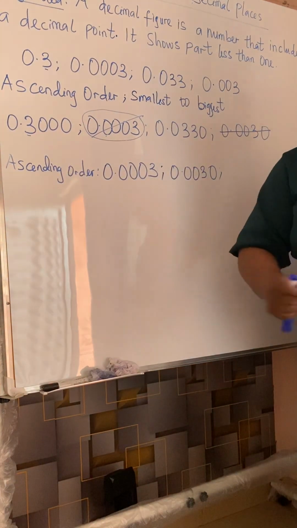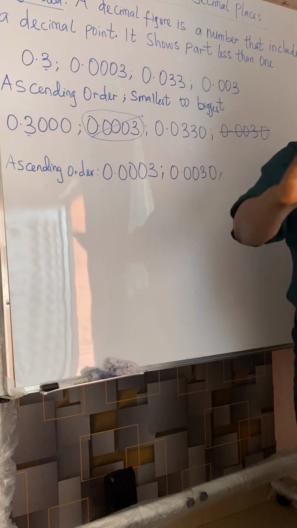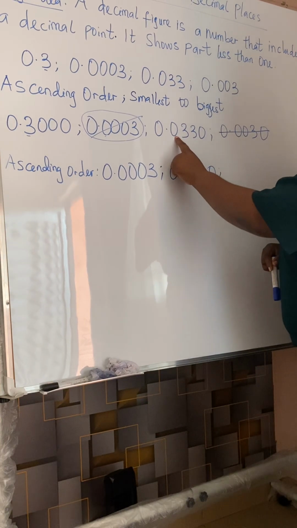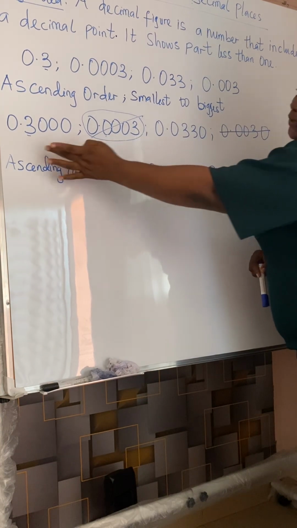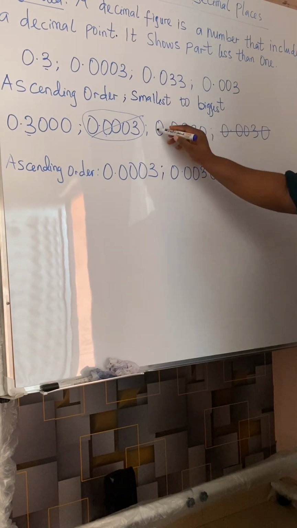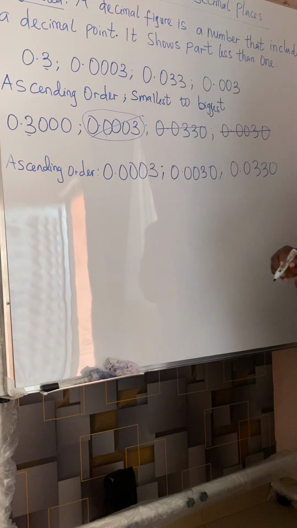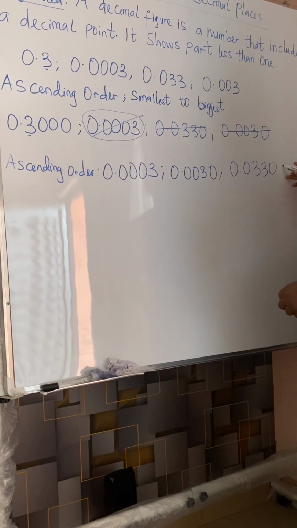Well, let's look at the houses again. This is the 10th, 3 for the 10th. This is the 10th, 0 for the 10th. Of course, this one is bigger now because 0 is for the 10th. So I'll come here and write 0.0330. And it's obvious that this is the biggest and this is 0.330.